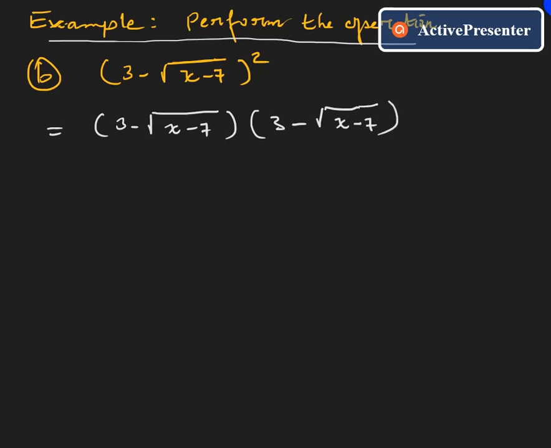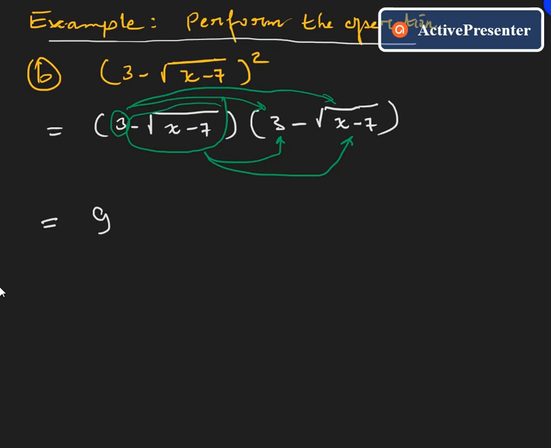So we will multiply first this into here and into here, then we will multiply this into here and into here. So let's do that. 3 multiplied in 3 is 9.